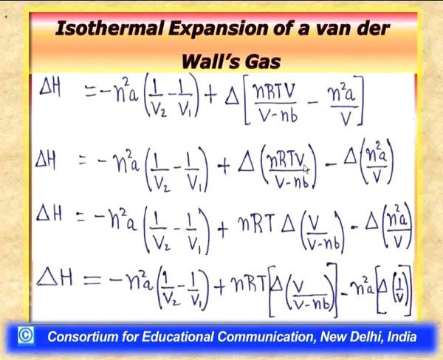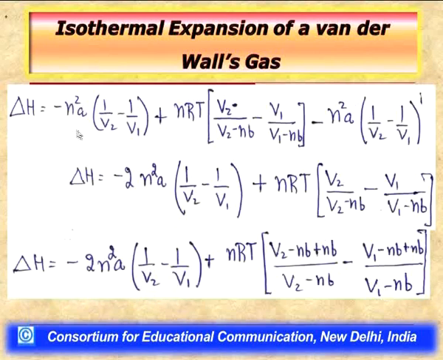So we only have a difference of volume, therefore delta of V by V minus nb, and the same here, minus delta of n square A by V. So n square A we can take outside, and therefore ultimately we get this expression: delta H equals minus 2 n square A into 1 by V2 minus 1 by V1 plus nRT into V2 by V2 minus nb minus V1 by V1 minus nb. So ultimately we get this equation.